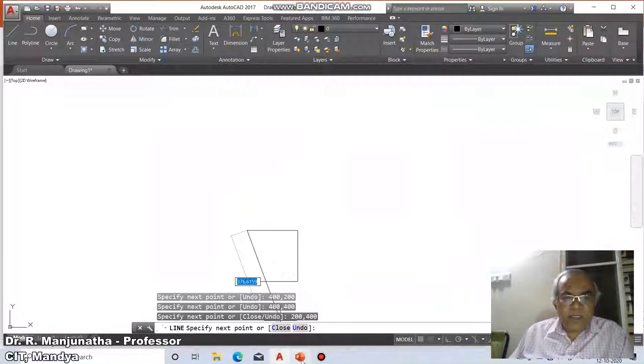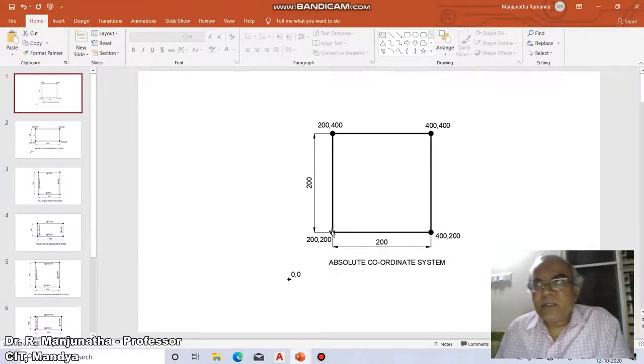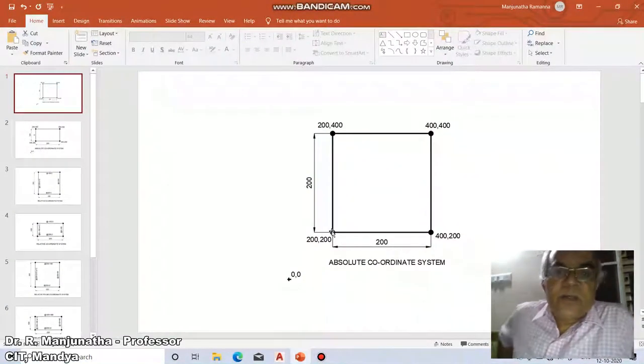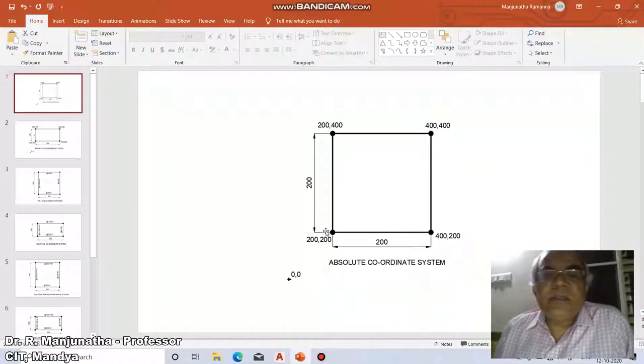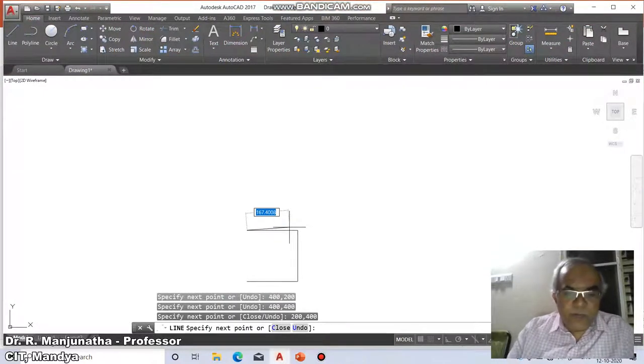Then again you are moving in a direction opposite to the direction of the UCS y-axis. There is no increment in the x direction, so x remains the same as the previous value, which is 200, and 400 minus 200 gives you 200. So for the next point we say 200, 200.